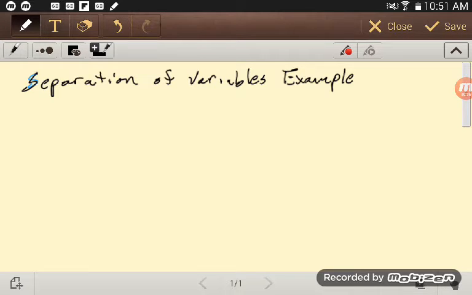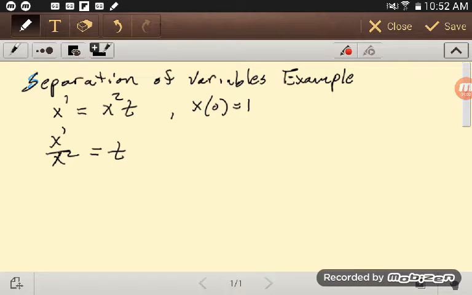I have x prime is equal to x squared t, and my initial conditions are that x of 0 equals 1. So I have to separate the variables. That's my first step. And so I have x prime over x squared equals t.